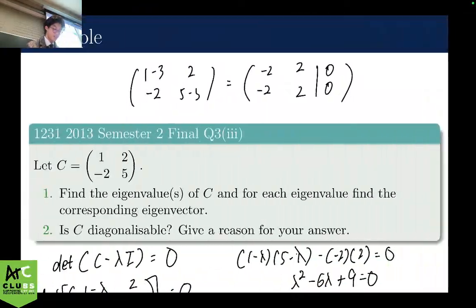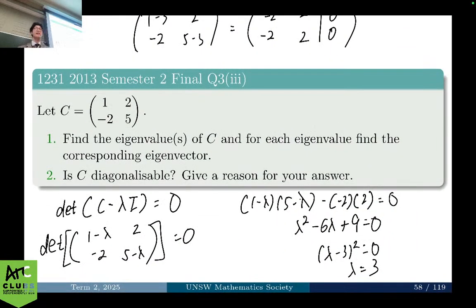All right, moving on to the second part of this question. Is C diagonalizable? The condition I stated earlier for a matrix to be diagonalizable is that for the matrix C, we must have linearly independent eigenvectors. In this case, C is a 2 by 2 matrix, so we need 2 linearly independent eigenvectors.